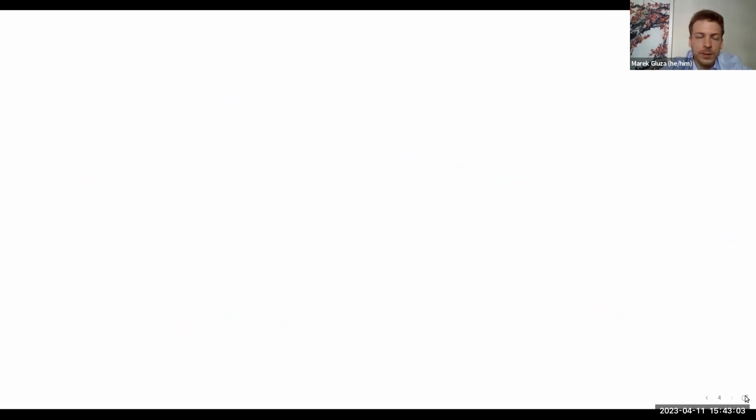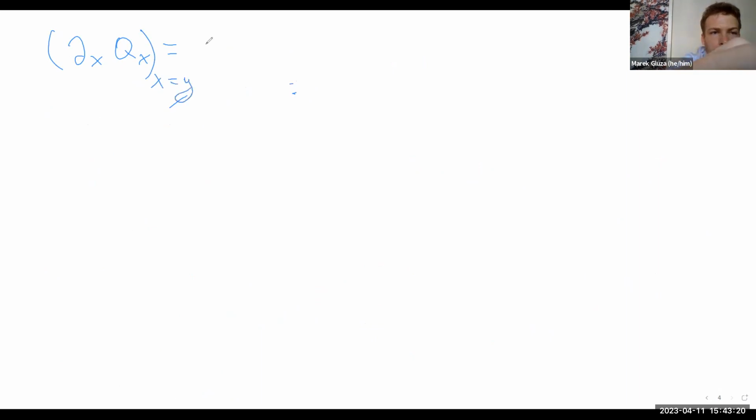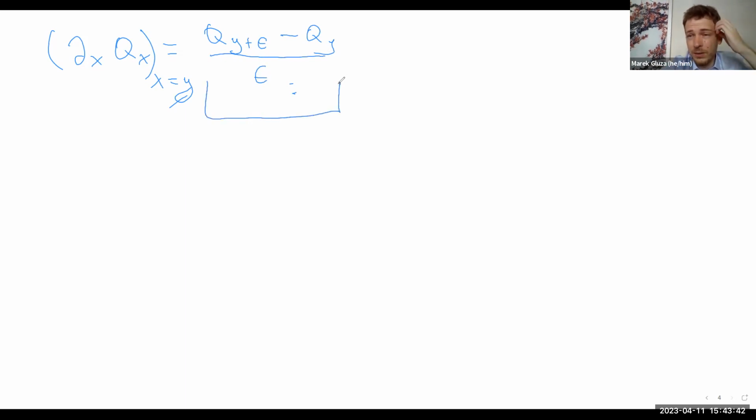And what I want to show now is that if I'm considering the derivative d/dx q(x), then this is approximately, let's say at x equals y, q(y plus epsilon) minus q(y), divided by epsilon, okay? Which means that we are looking at differences of this function at different positions.